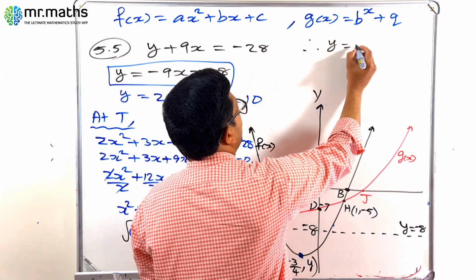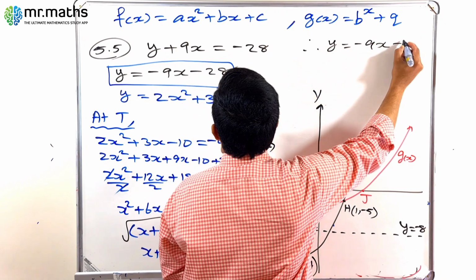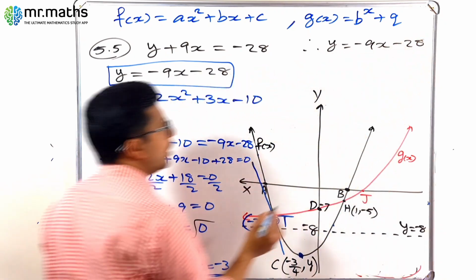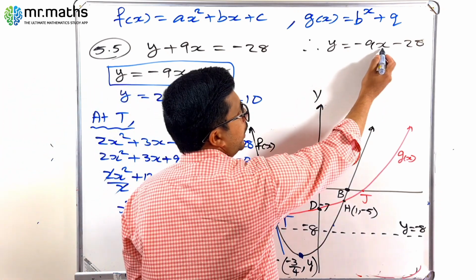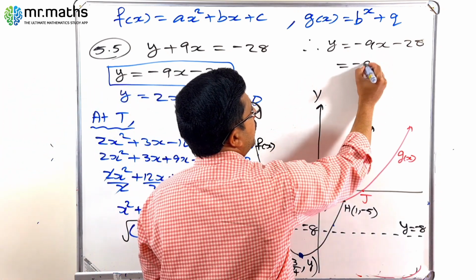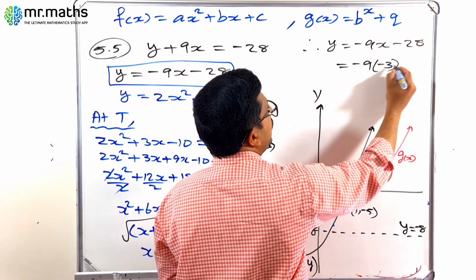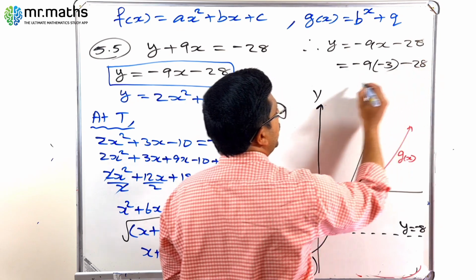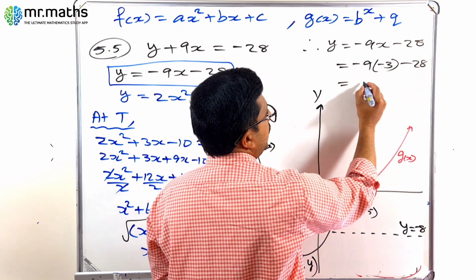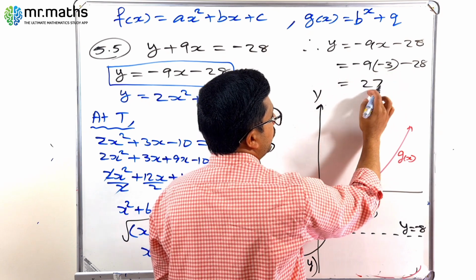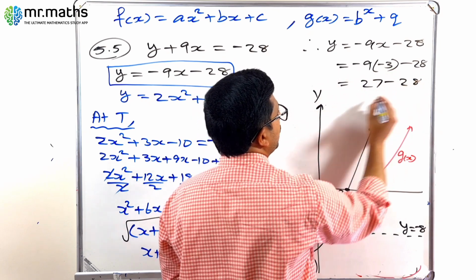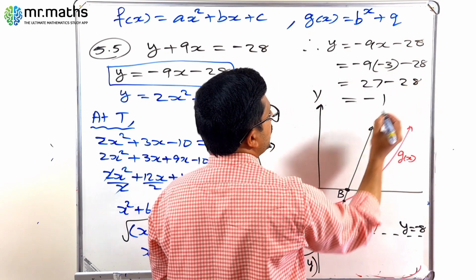Therefore y is equal to minus 9x minus 28. What is the x value we got? Minus 3. So substitute here, x value is minus 3. So minus 9 into minus 3 minus 28. Minus into minus is positive, 9 into 3 is 27, 27 minus 28, that is minus 1.